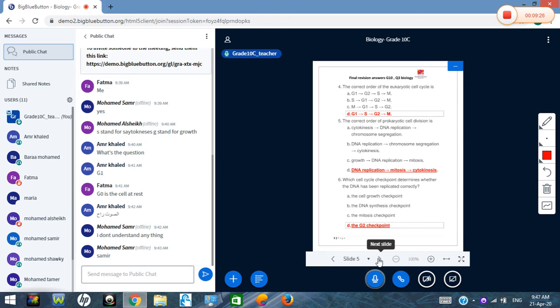The correct order of the cell cycle of the eukaryotic cell is G1, S, G2, and M. Okay, and we said in the last session that M includes cytokinesis.